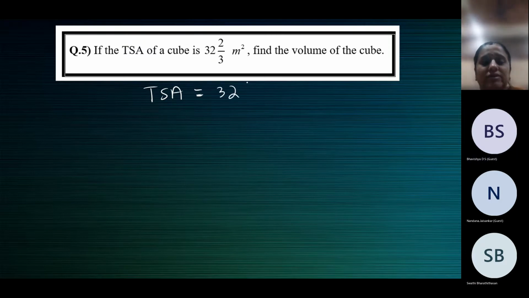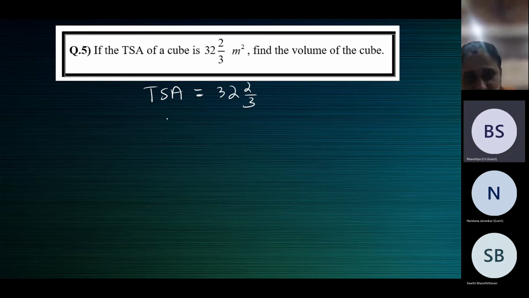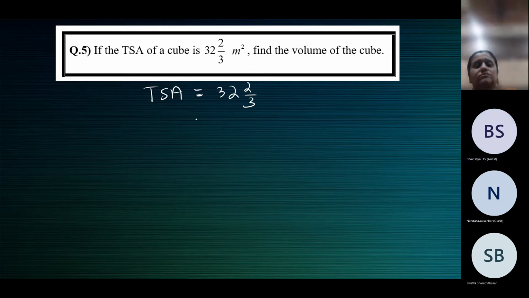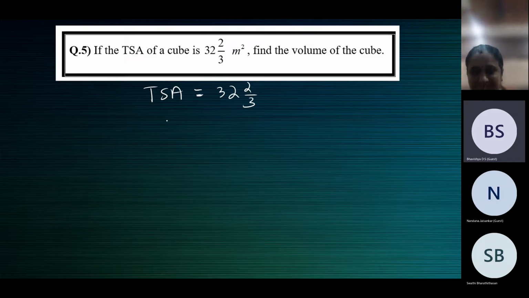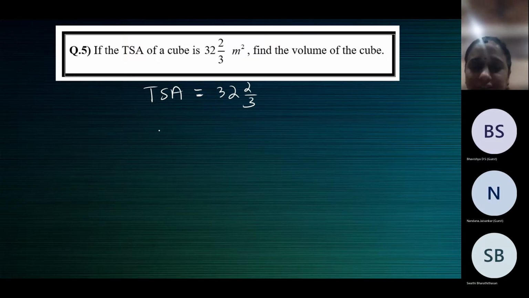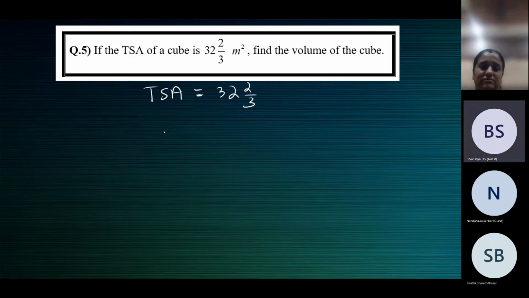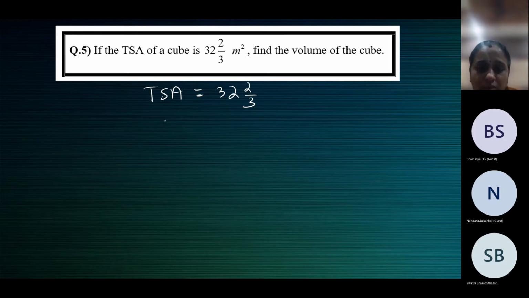TSA is 32 2/3. Next, what should you write? TSA is equal to... Ma'am, after the second step only, I'm having doubt. What is the formula to find the TSA?